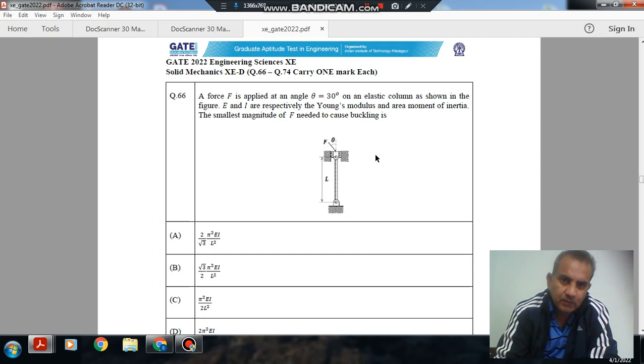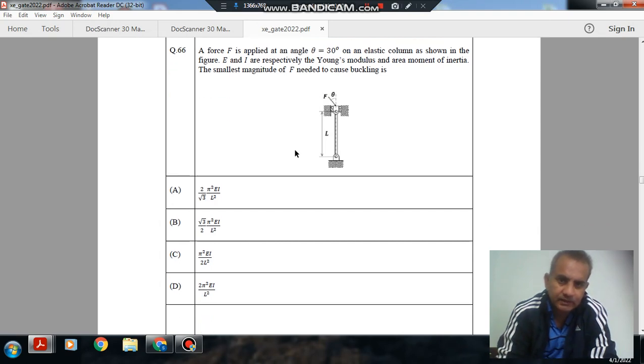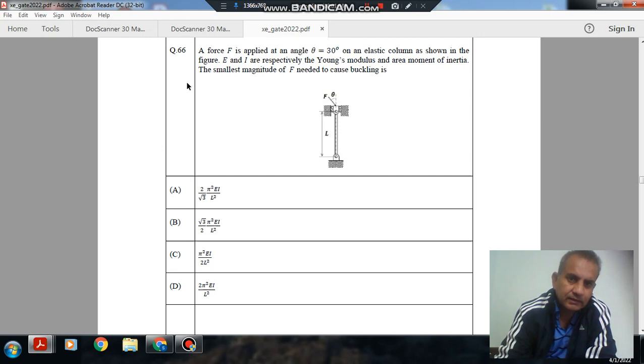The smallest magnitude of F needed to cause buckling is: option A, 2 by root 3 pi square EI by L square; option B, root 3 by 2 pi square EI by L square; option C, pi square EI by 2L square; option D, 2 pi square EI by L square.